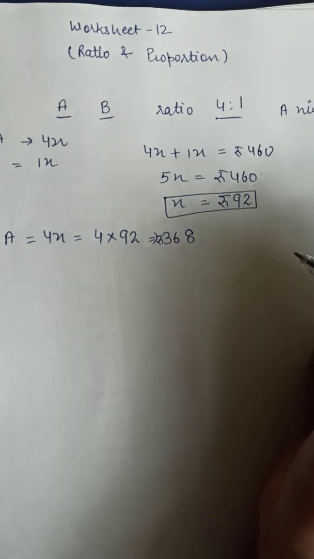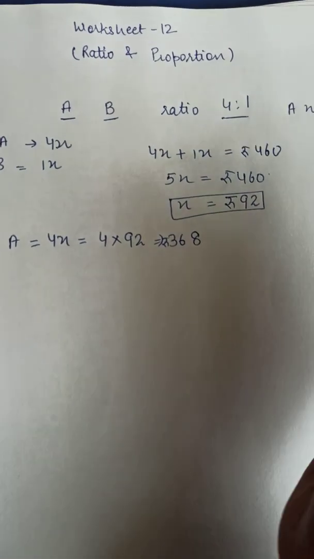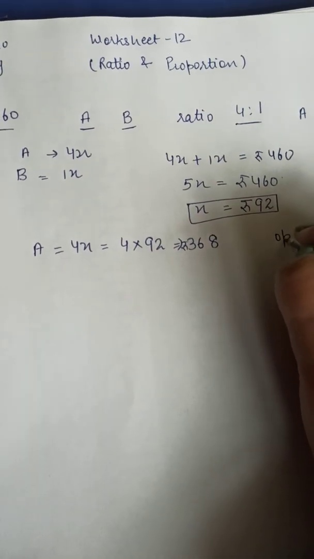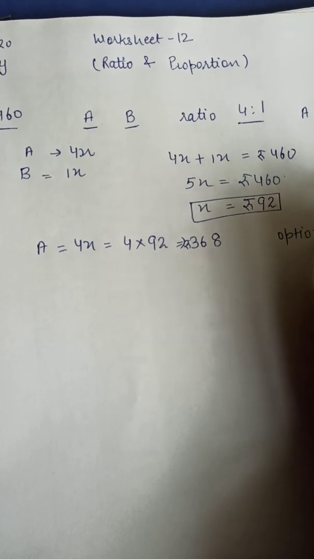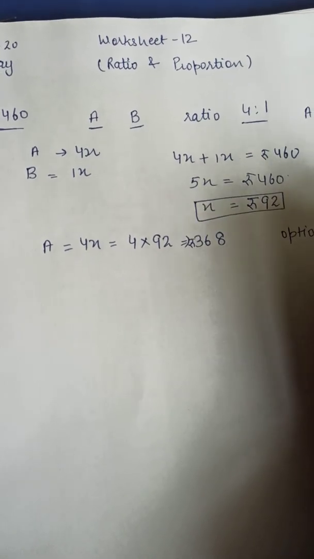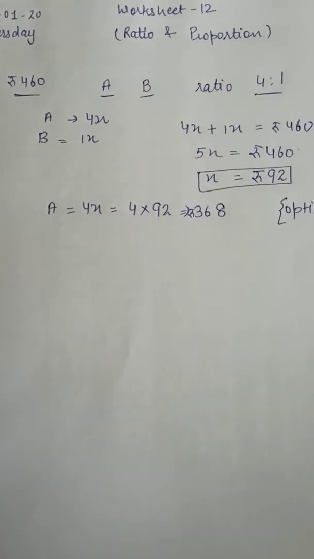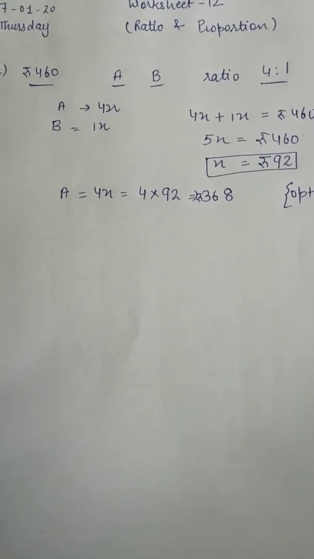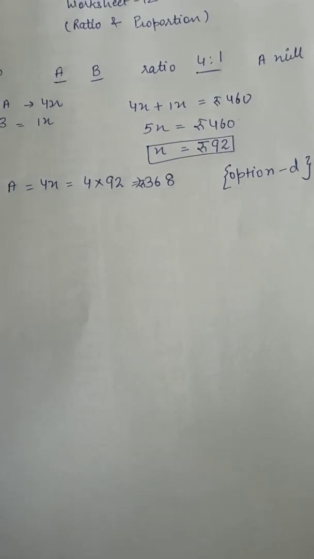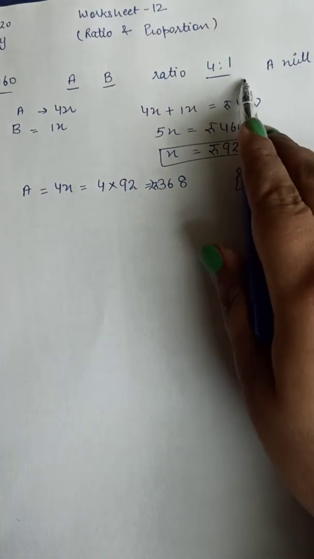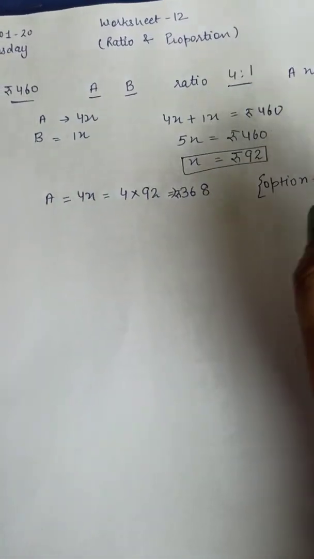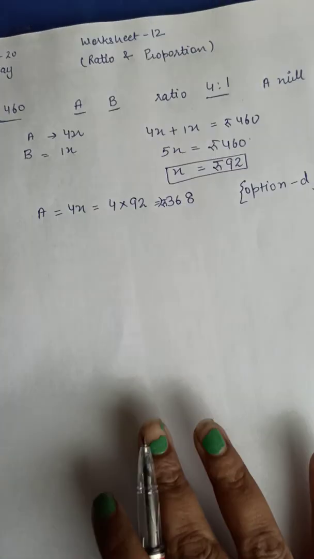Rupees 368, and that is option D. So whenever total is given and any ratio is given, add it. So the total equals to rupees 460.